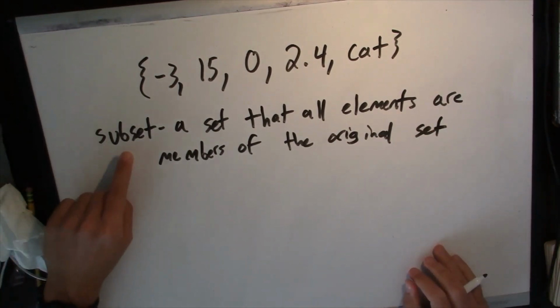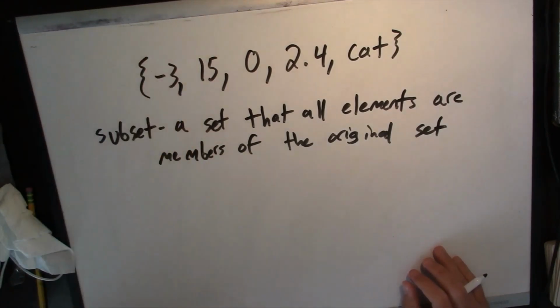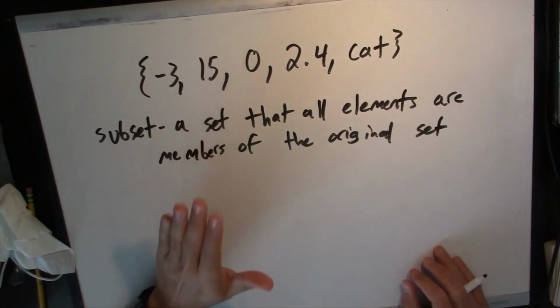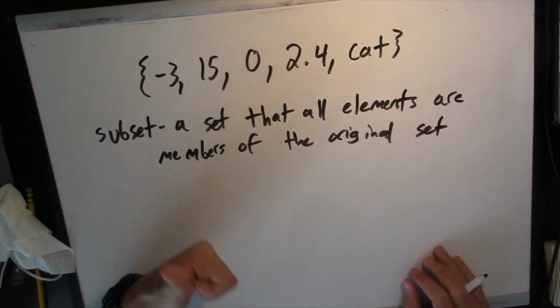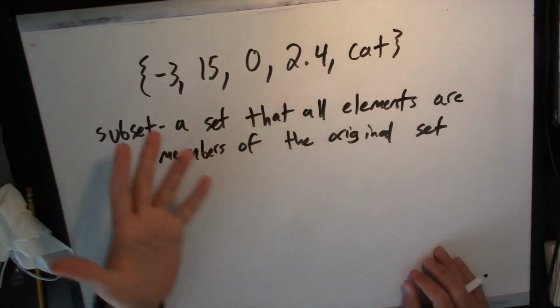A subset is a set that all the elements of the subset are also in the original set. That means I can have just one element, I could have 2 elements, I could have 3, I could have 4, or I could have all 5.